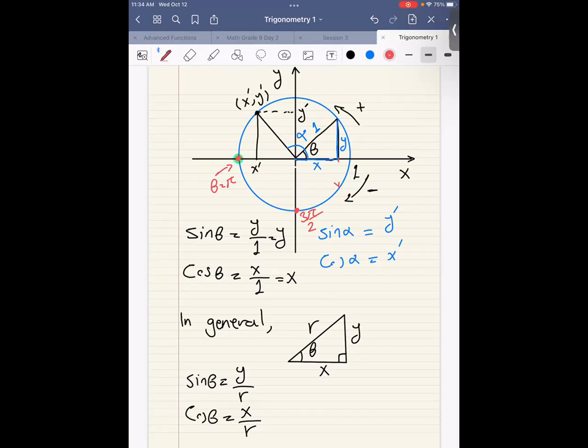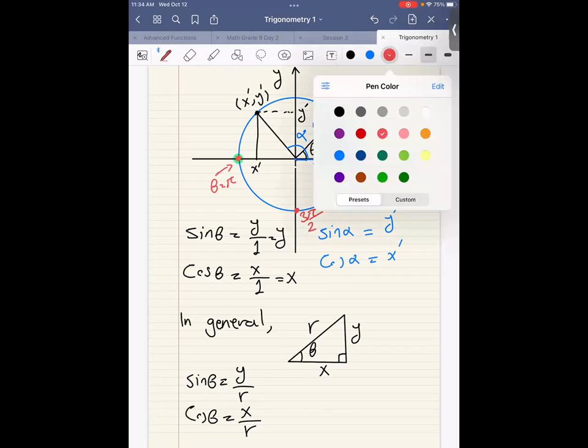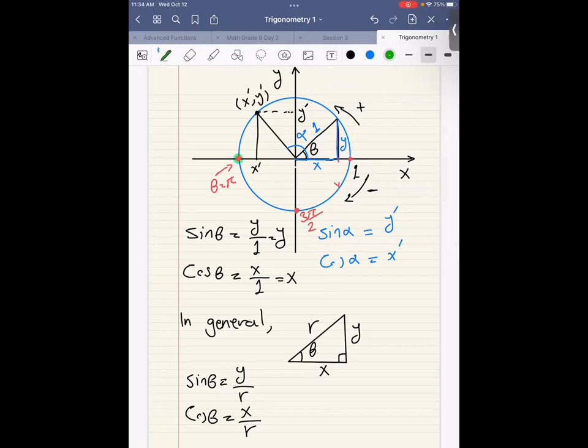Now how about this point? Maybe I'll write it with another color, green. This green point is theta equal to 0. It's also 2 pi, because as I said, if you move 2 pi, you get back at the same point.